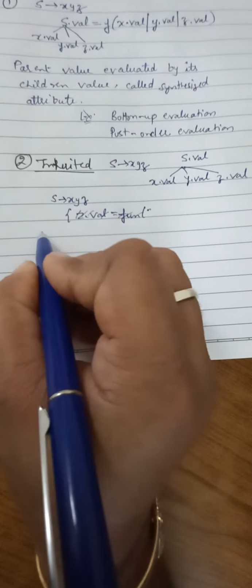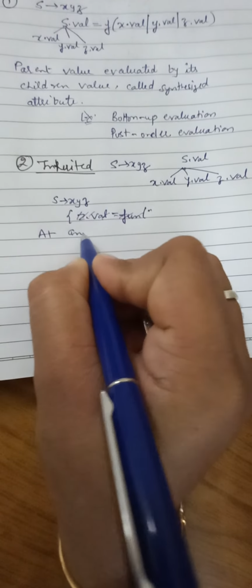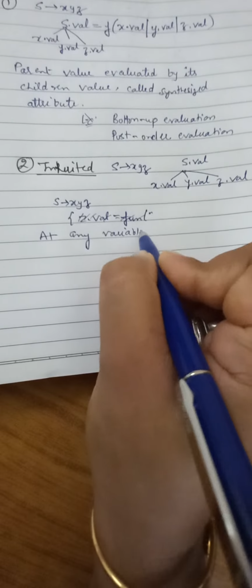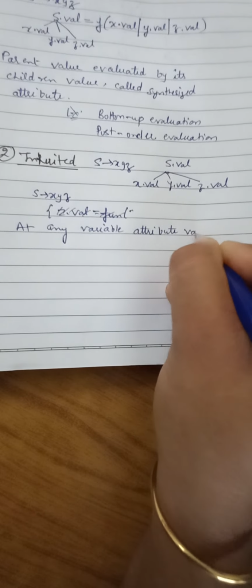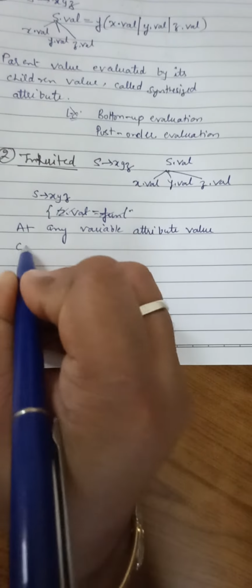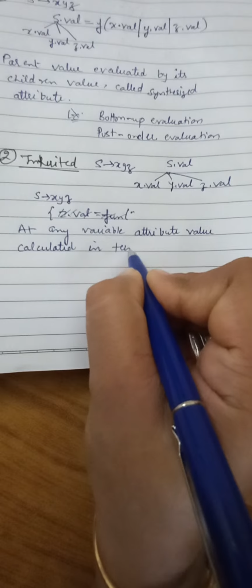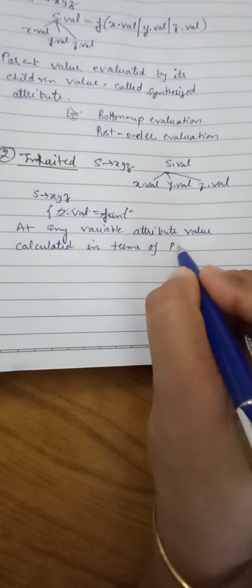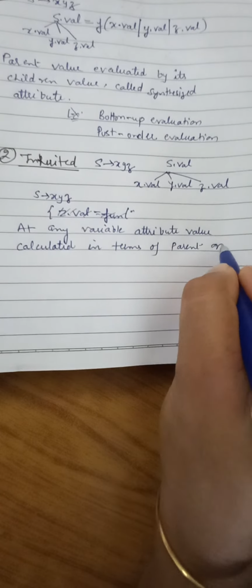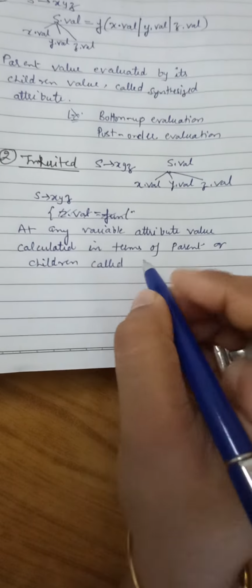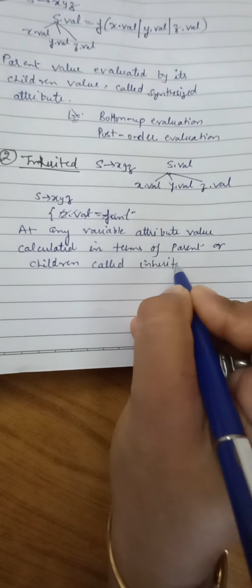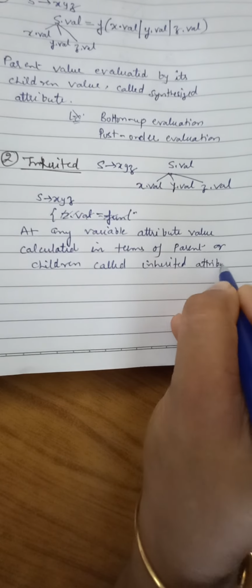Then we can say simply that at any variable, the attribute value calculated in terms of parent or children is called an inherited attribute.